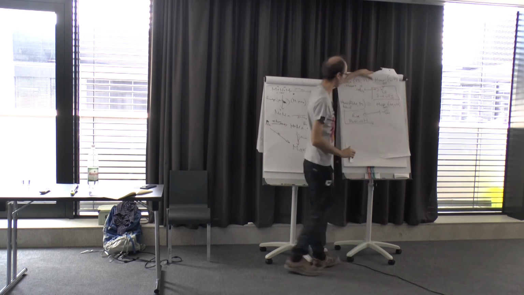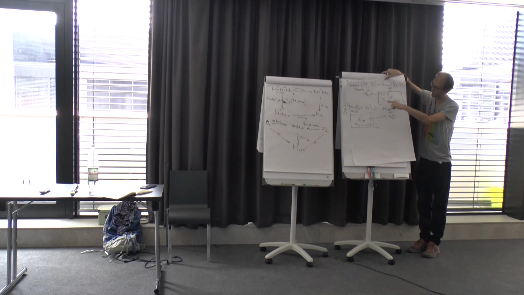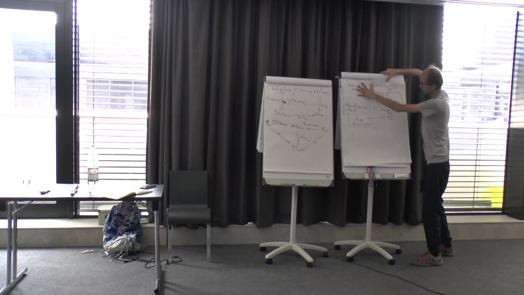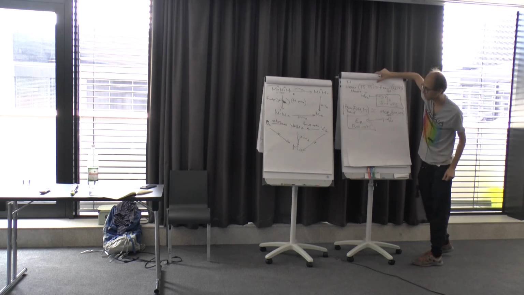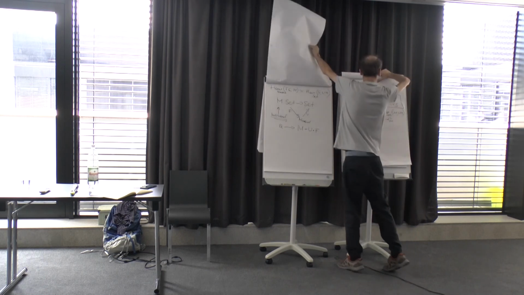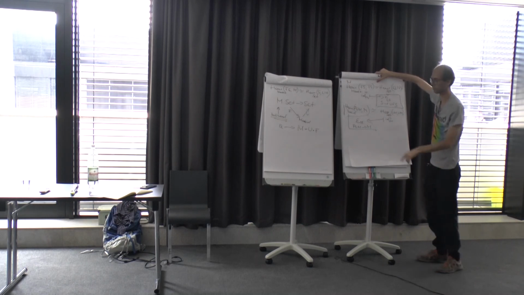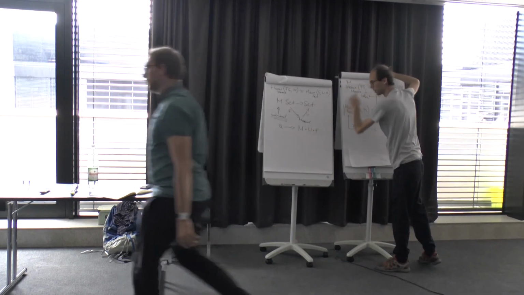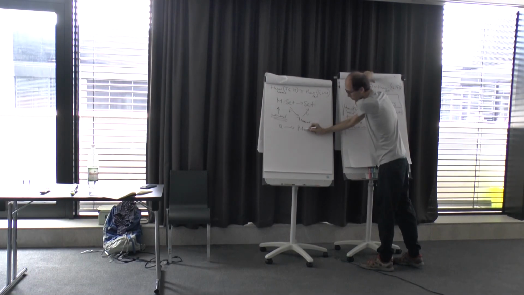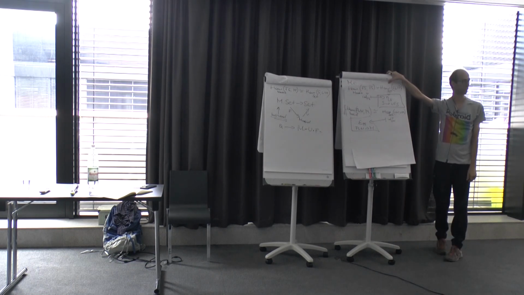Okay, so we have this map. Does it agree? Okay. So we want a natural transformation from identity to M of A. Do we have one?